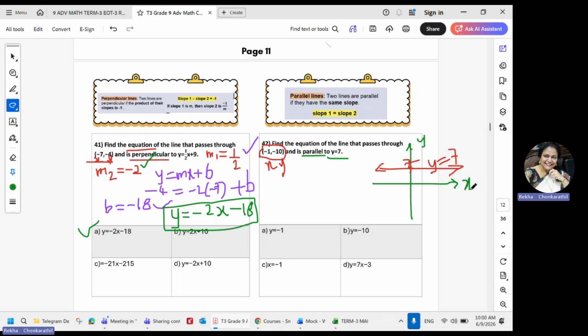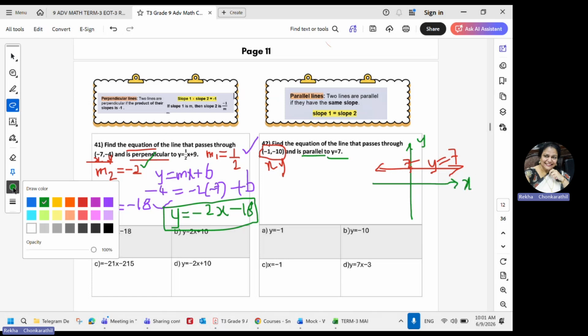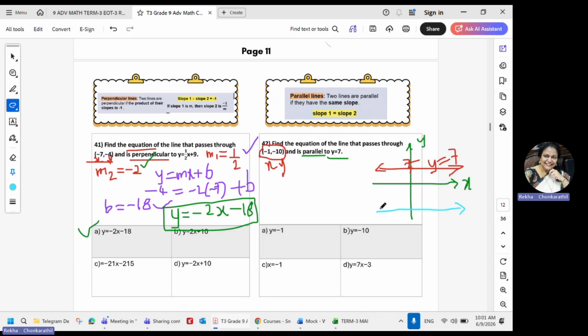This is x-axis. Now I want to draw where y equal negative 10 is, somewhere here. Say this is minus 10 on the y-axis. So isn't this line y equal negative 10? So isn't it the line parallel to y equals 7 is y equal negative 10? Option B.